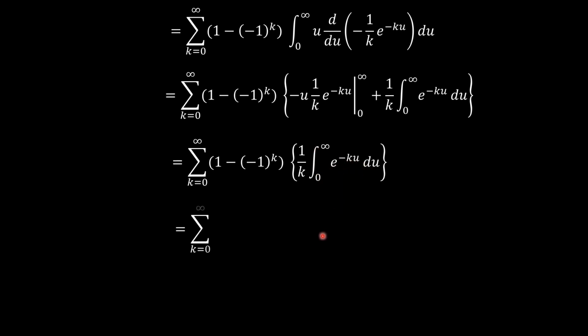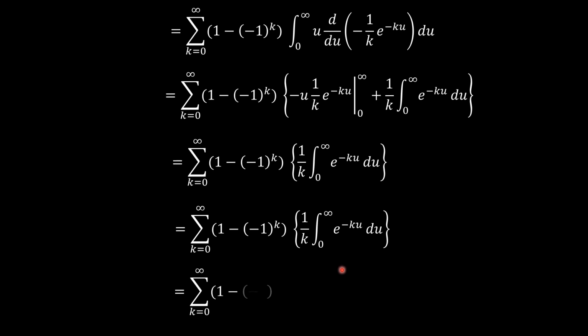And this is also the same as 1 over k times 1 over k negative e to the power negative k u.